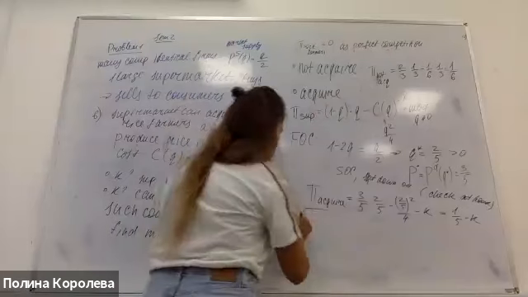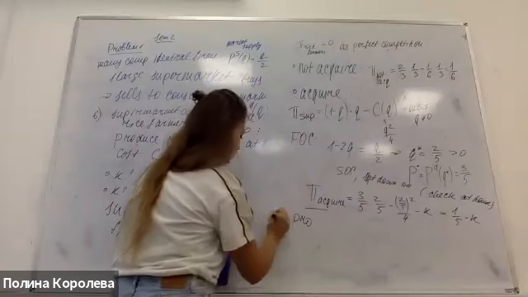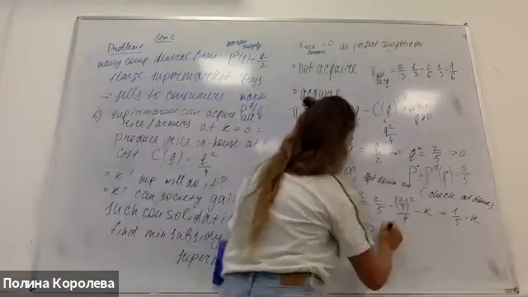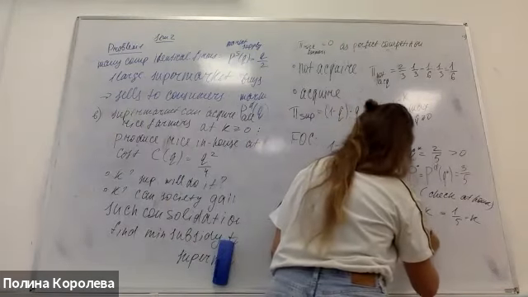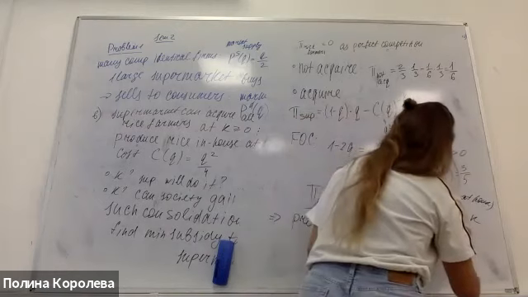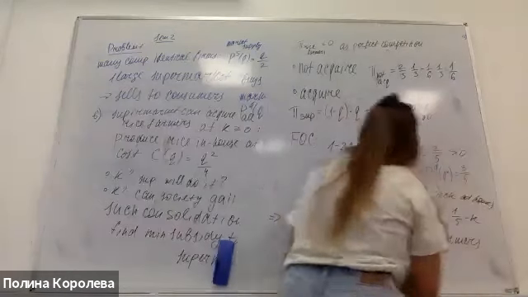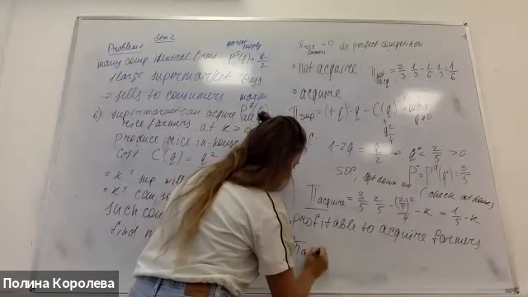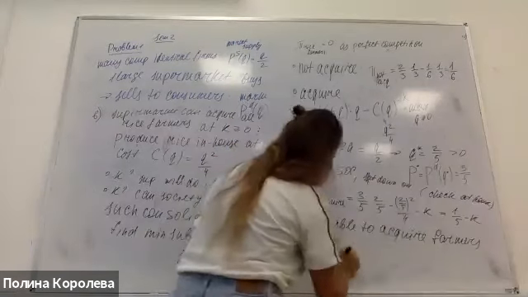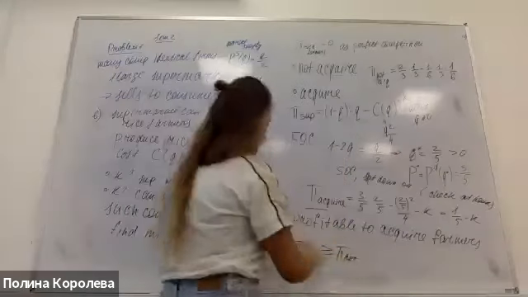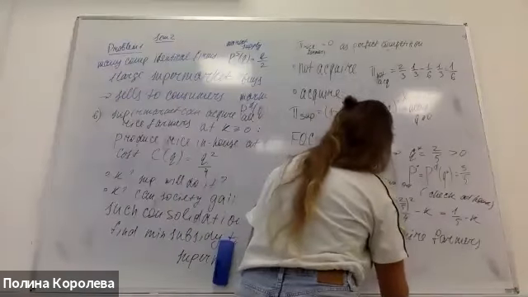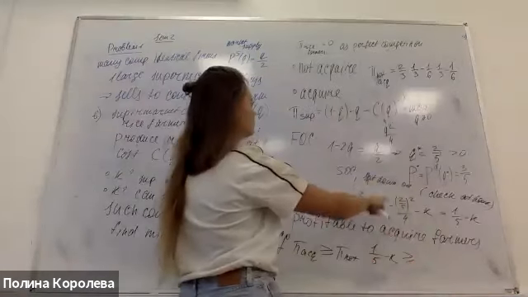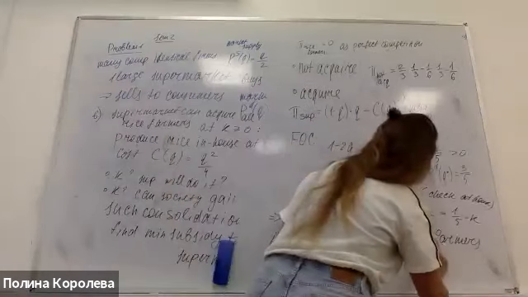Profitable to acquire farmers if the profit when acquired is greater or equal to the profit when not, and this will be 1 divided by 5 minus K greater or equal to 1 divided by 6.